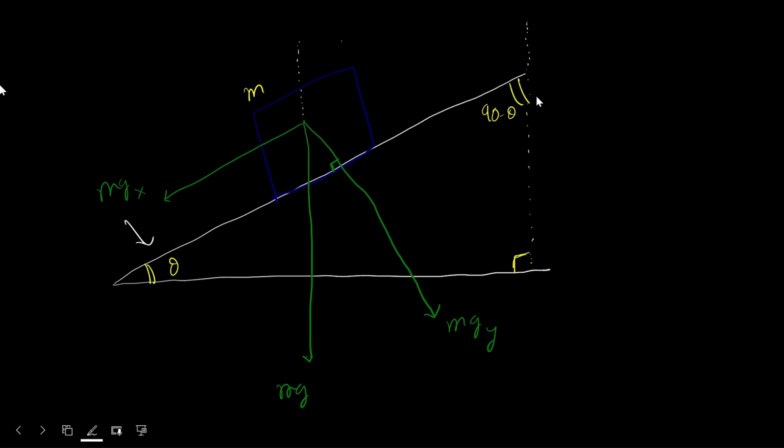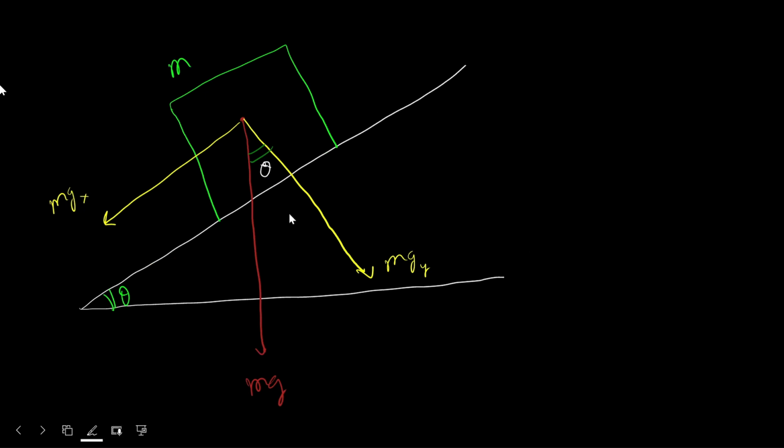So if this angle is 90 minus theta, then this angle right over here is also going to be 90 minus theta. And therefore in this triangle, if this is 90 minus theta and this is 90 degrees, this angle must be equal to theta.